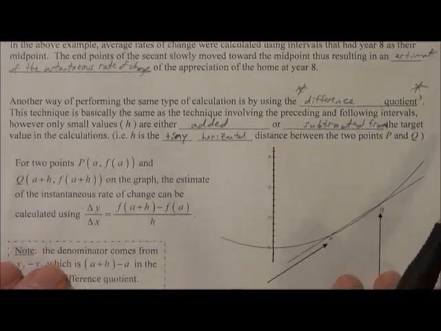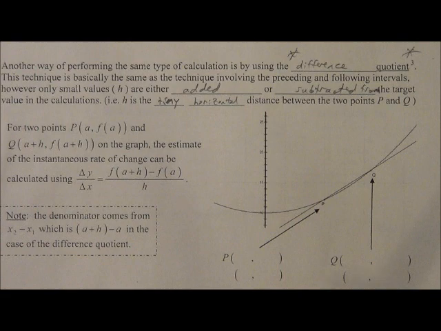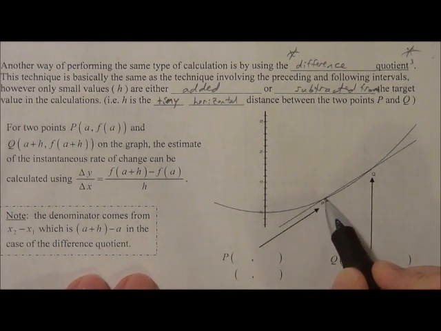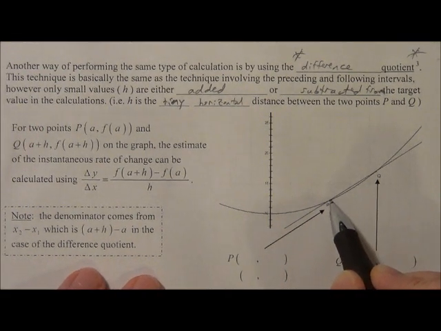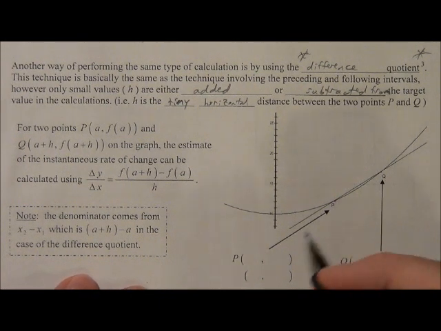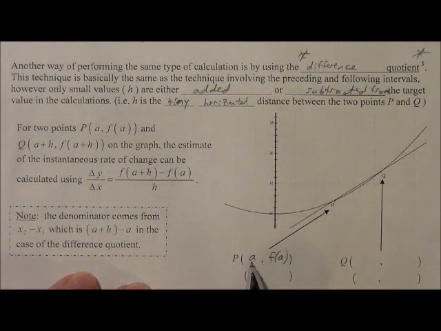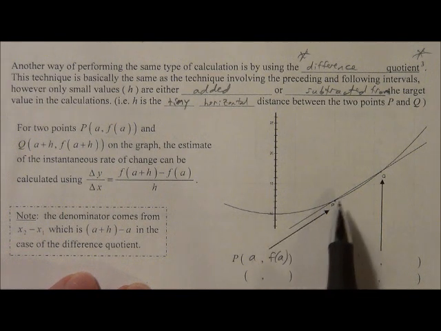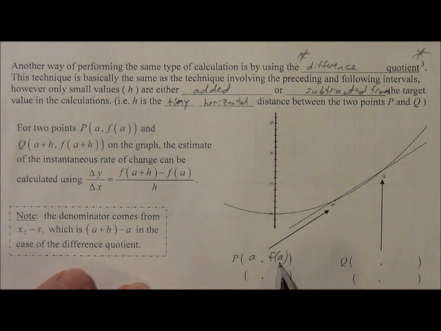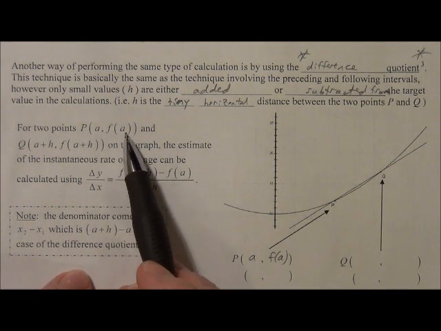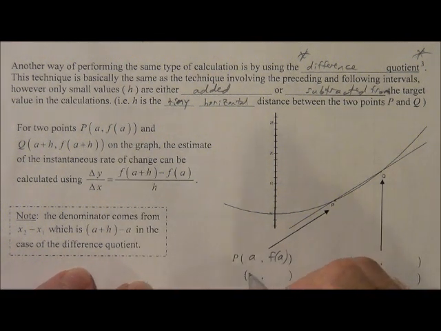Okay, so what I mean by that is we've got point P here, and point P is at some specific value of A and f of A, so some x value that we know, and the y value of that function is found by calculating the value of the function at that point A. So that's point A, f of A, which is, of course, x1 and y1.